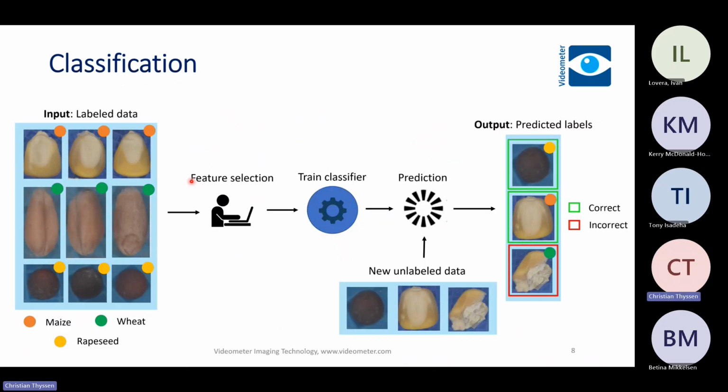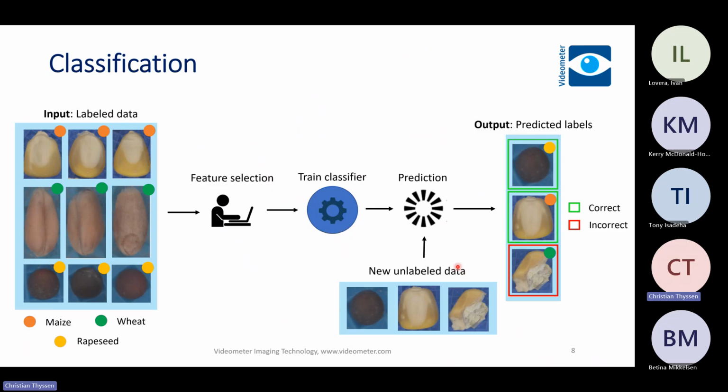So in this next slide, we sketch out prediction, so when the classification occurs. The first steps here are what we showed in the previous slide. You have some labeled data. A person selects features and trains the classifier.